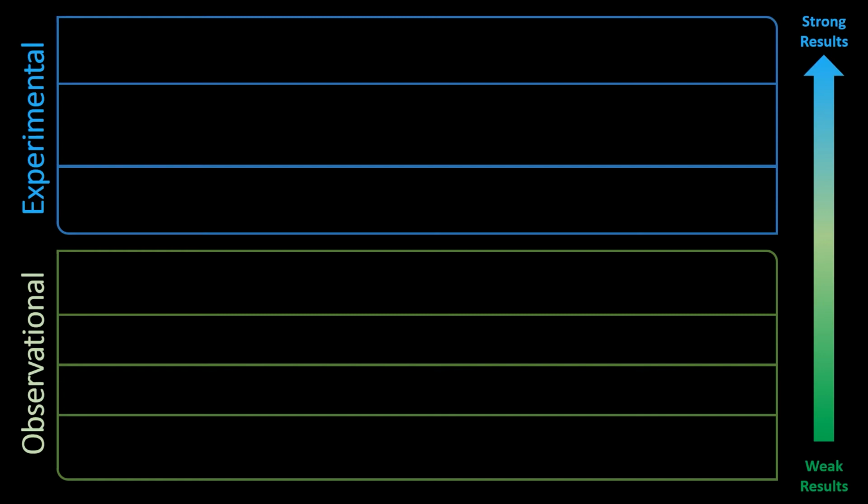So stronger results at the top, weaker results at the bottom. Experimental results are stronger in terms of quality of scientific evidence, but again, not always ethical or practical to do an experiment, so we use the best information we can in each case. Now, these types of studies have different subcategories, of which I'm just going to tell you about a few.